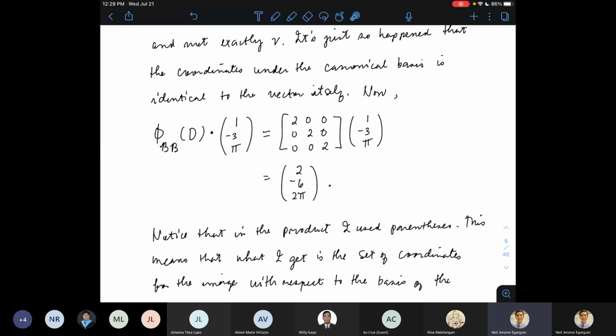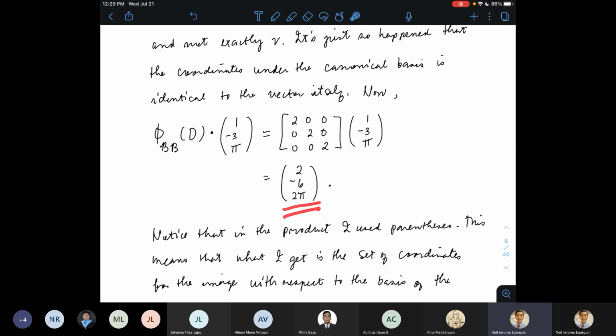And you see here that kamukhang-kamukha na siya nung ina-expect natin na image ni V under the doubling operator. But you see the notation I used here. I chose parentheses instead of brackets when I told you that I will always use parentheses for coordinates and brackets for vector elements, right?